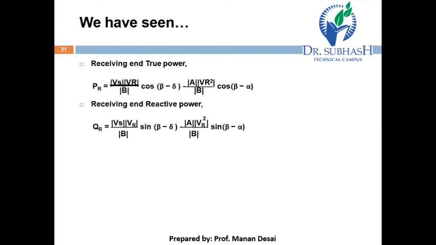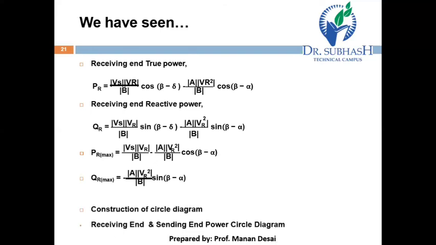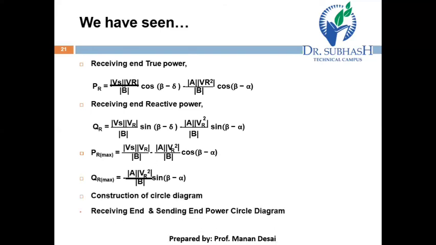In conclusion, we have seen receiving end true power PR and receiving end reactive power QR. You can see the equations, the maximum power PR and QR, construction of the circle diagram, and the receiving end and sending end power circle diagrams.